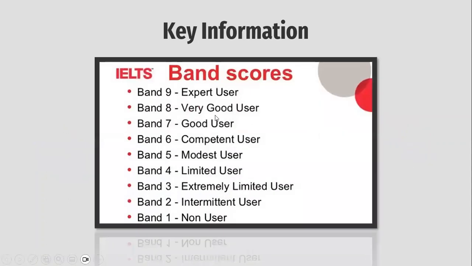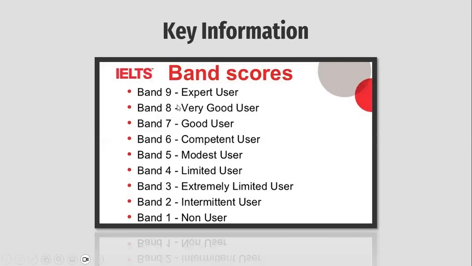So now these are the bands. That's the marks of the IELTS. For example, if you score 1, this means that you are a non-user, which means you don't know how to use the language. If you get a 5, it means you are a modest user, which means you're in between. It's neither a very good nor a very bad user.